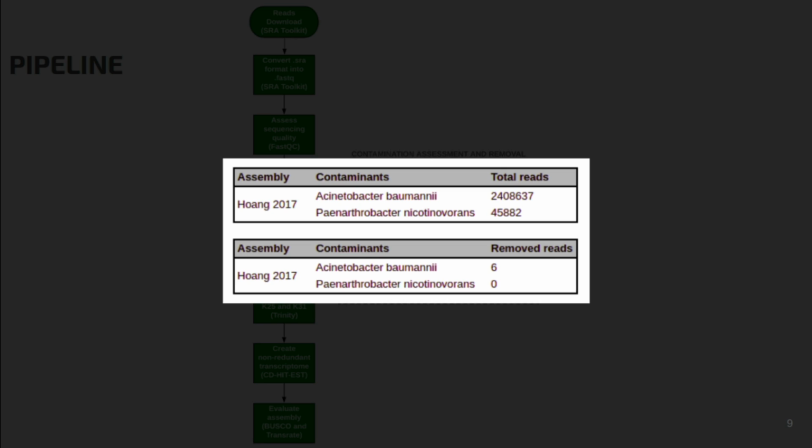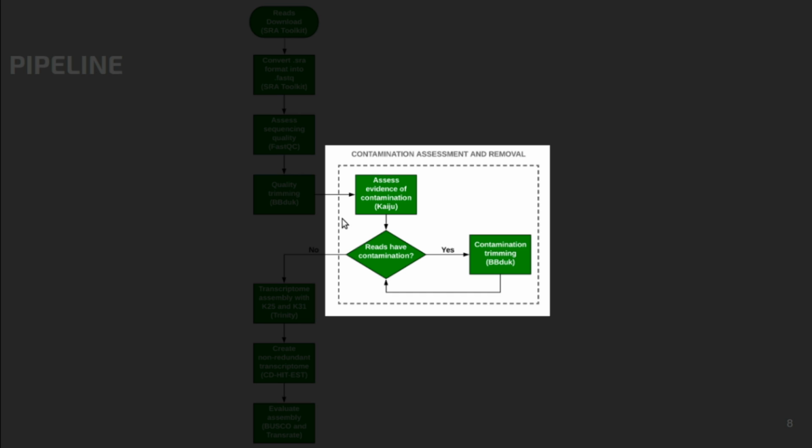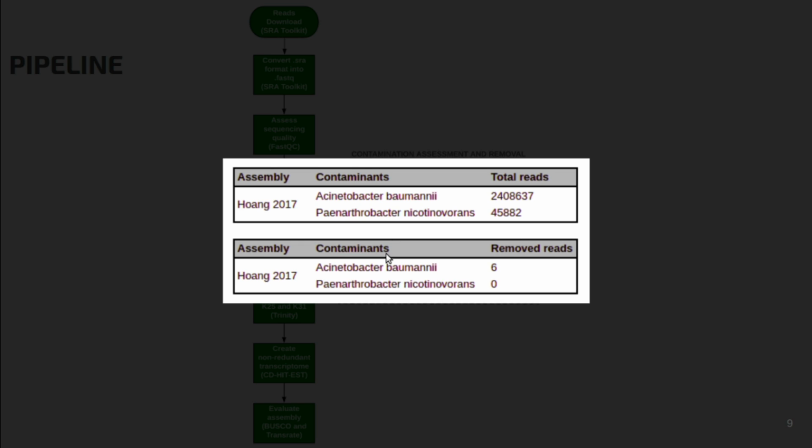And here in these two tables, we can see the results of our contamination assessment and removal steps. The first table is the contamination predicted in the first step by Kraken. And if the reads have contamination, we need to go to the contamination trimming with BBDuk. So that happens here.